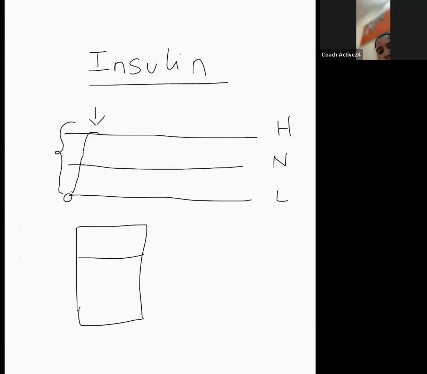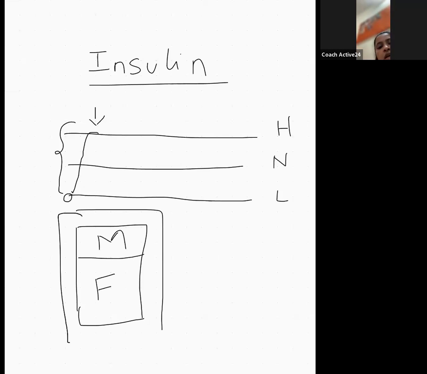It's stored here, and for example, you have a tank in your body. This is your tank in your body that stores all the energy. So as you eat, insulin releases the energy and it's stored in the fat form.